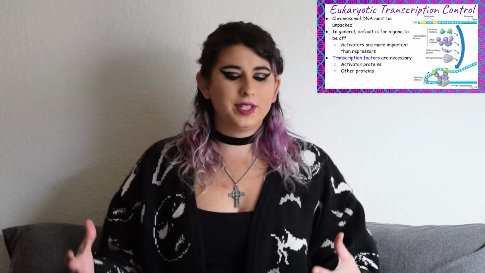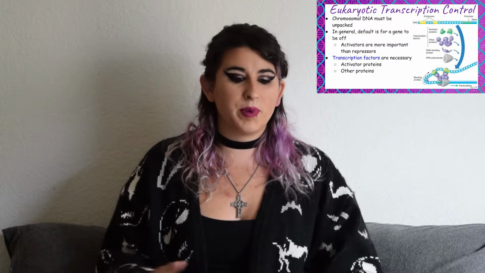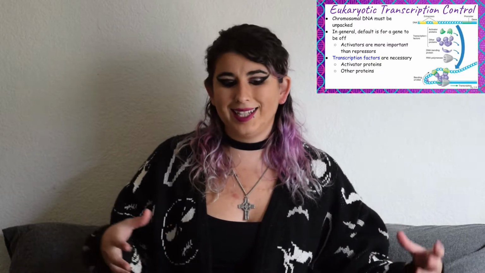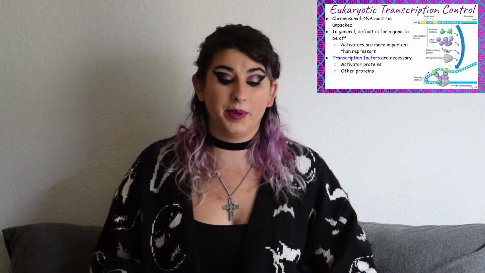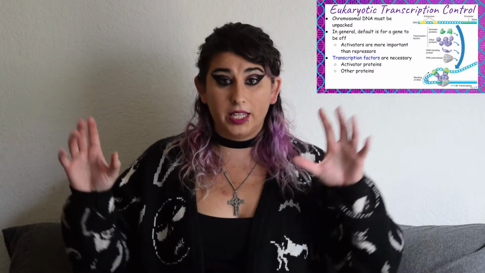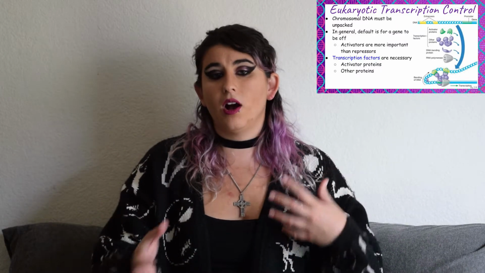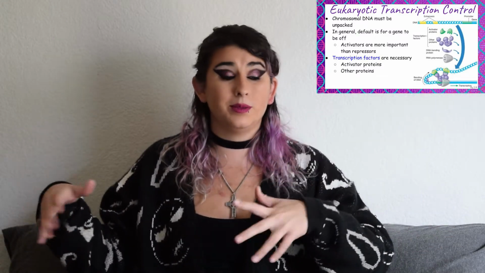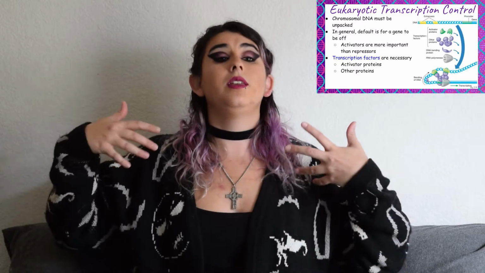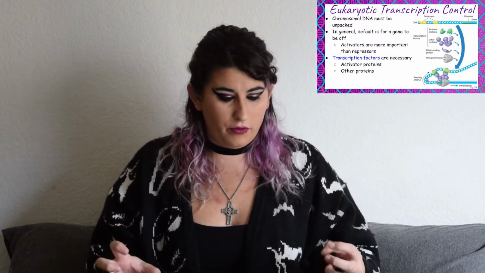So how exactly can transcription be controlled in these eukaryotes, especially given that the chromosomal DNA needs to be unpacked so that transcription can happen? Well, in general, in eukaryotes, the default for a gene is to be off. Now, of course, there are some genes where the default will be to be on, but the majority of genes are going to be switched off.